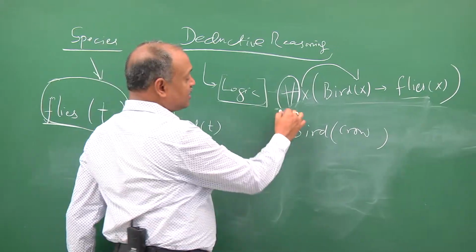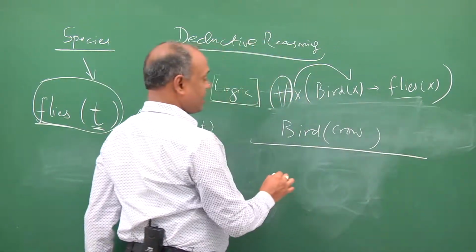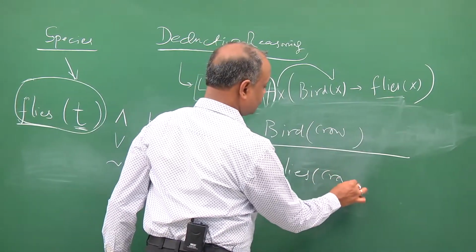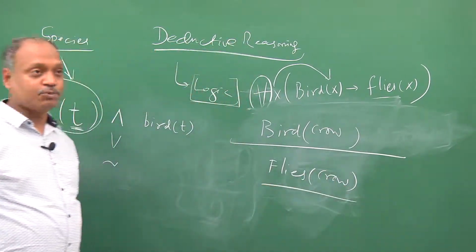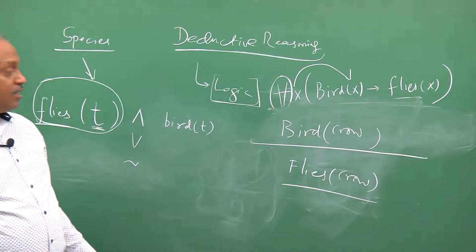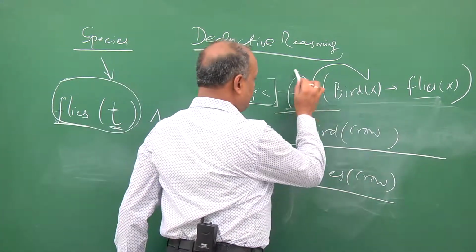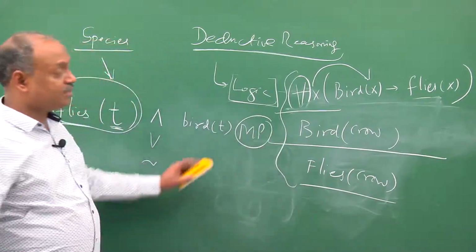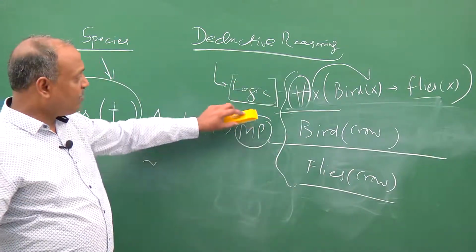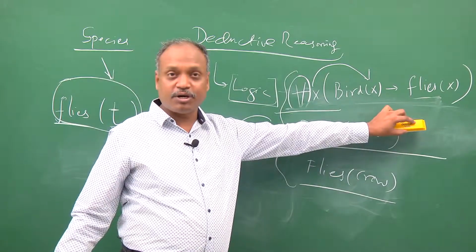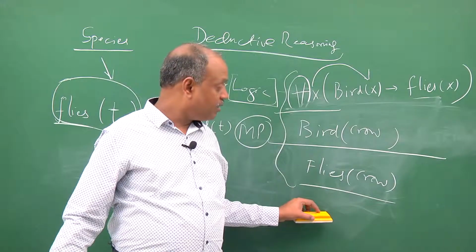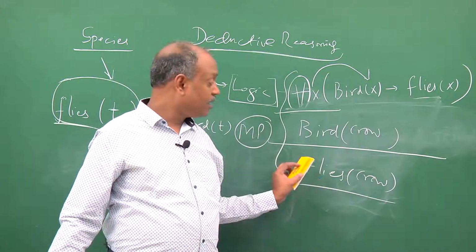Then, using the rule of inference known as modus ponens, by combination of this we created the equivalent of modus ponens in the context of first order logic. So we have a rule which says that for all x bird implies fly, and there is a bird, so it will also mean that it is flying.